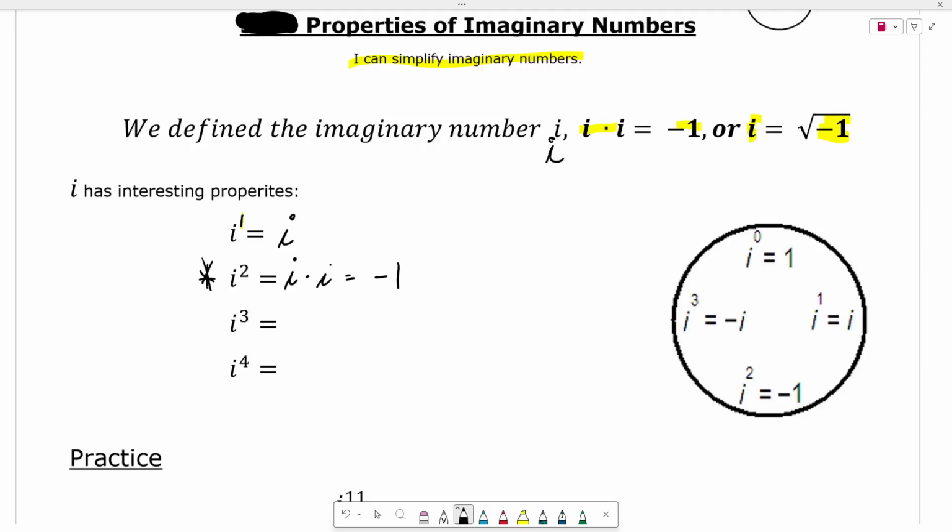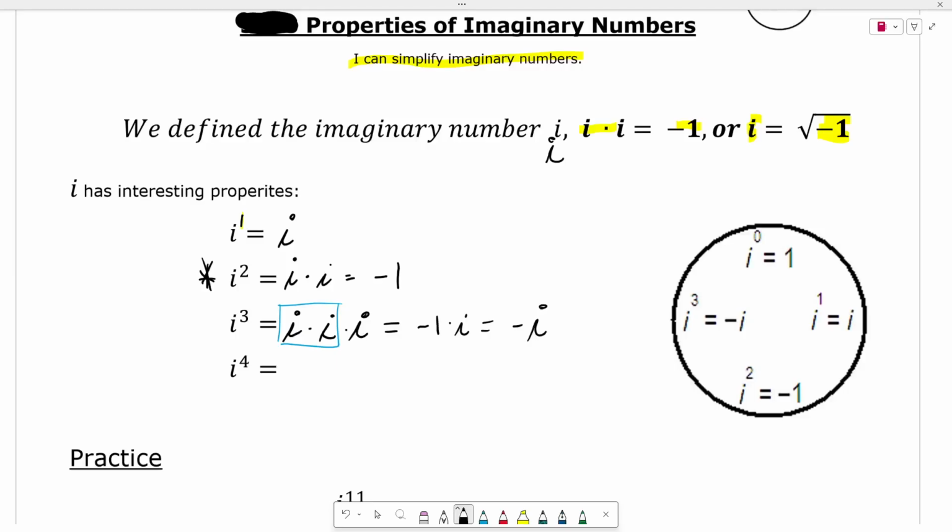I to the third power means i times i times i, and these two together make -1, so I have -1 times i, which makes -i.